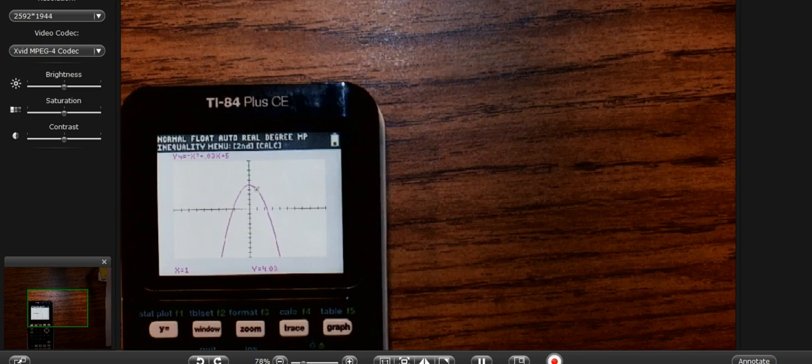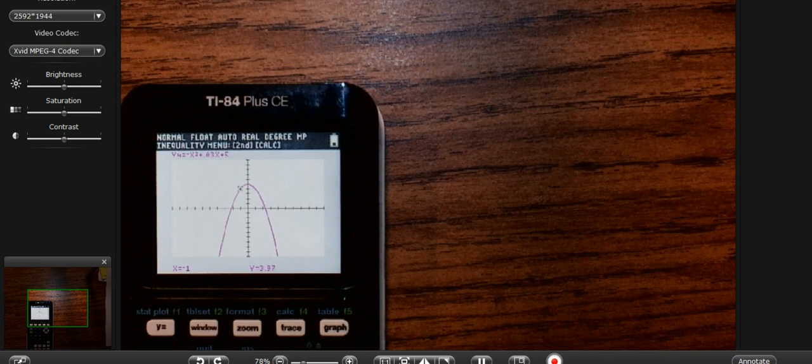How could I use that to check? Remember we said opposite x's, same y's, opposite x's, opposite y's. Put in negative 1. I get 3.97. That's not the same, and that's not opposite.